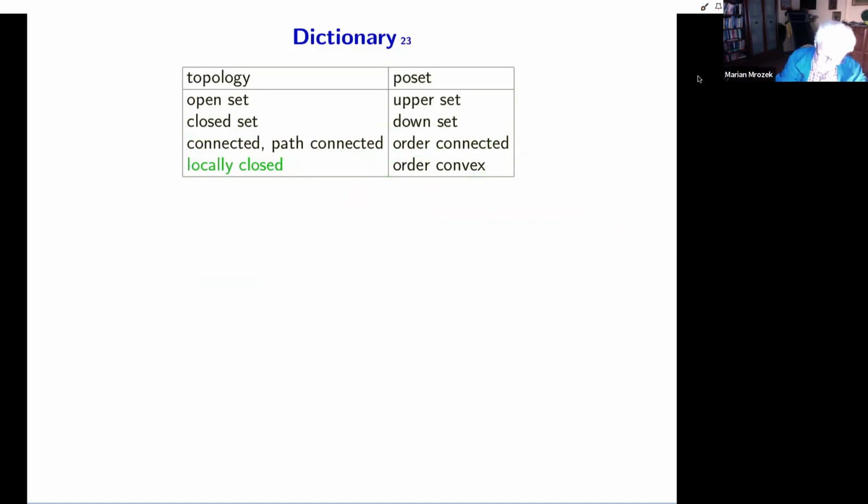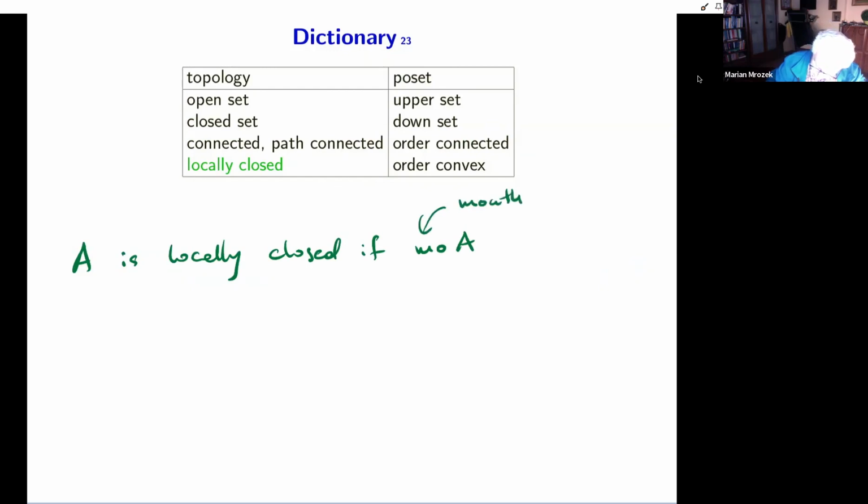So here is the definition. A is locally closed if what I denote mo, which is shorthand for mouth, of A, defined as the closure of A minus the set itself, is closed. And this is in the case of topological spaces.